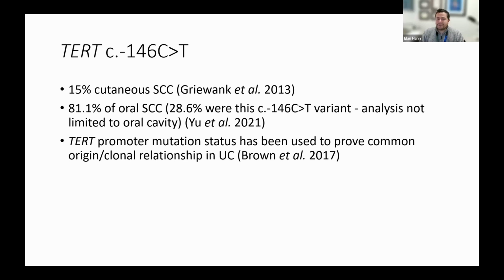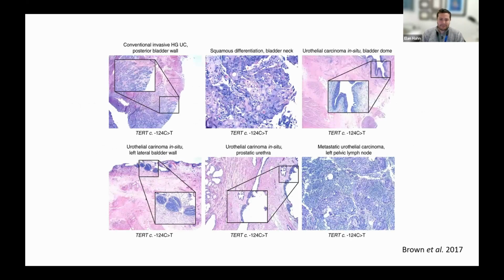In addition, TERT promoter mutation status has been used to prove a common origin or clonal relationship in urothelial carcinoma, like in this Brown paper. This is an example of one patient with urothelial carcinoma.